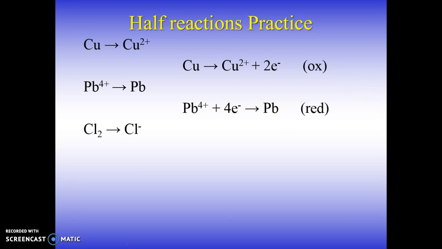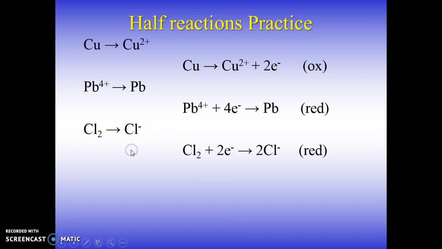All right, so next one, I've got chlorine going to chloride. So first thing I got to do is balance, right? So I got 2 chlorines here. I need 2 Cl- here, which means each Cl is going to be gaining 1 electron for a total of 2 electrons. So this is neutral. This is -1.